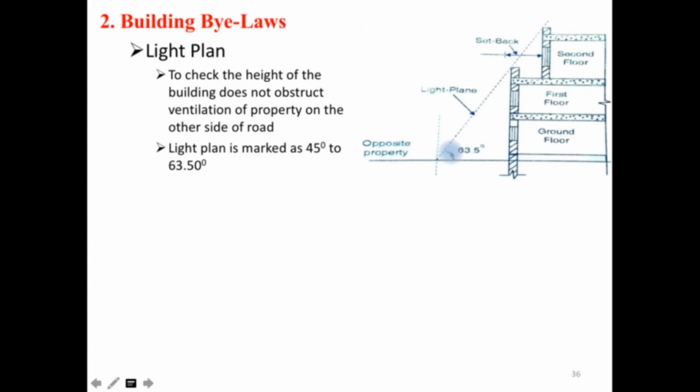That means we have to maintain an angle ranging from 45 degree to 63 degree, so that there is no obstacle in this area and we are not making any construction in it. Otherwise the light which is supposed to reach this side is obstructed by this building, and that is not allowed. So the light plan marks vary between 45 degree and 63.5 degree, depending on the region where we are going to construct.